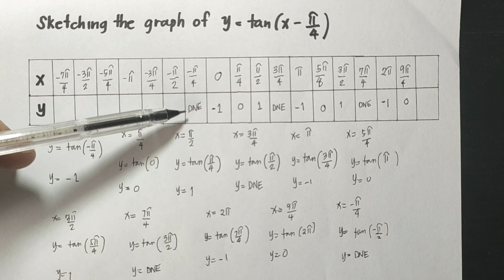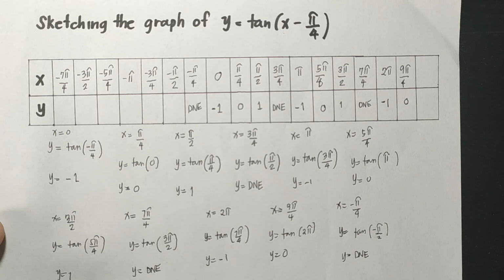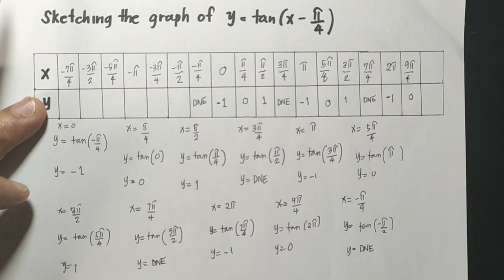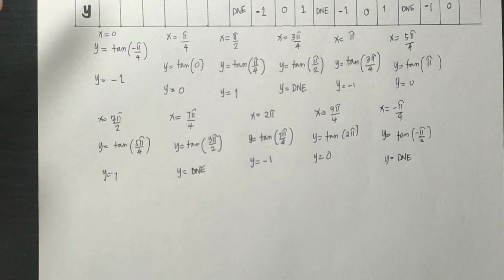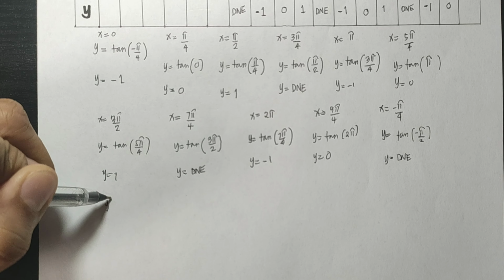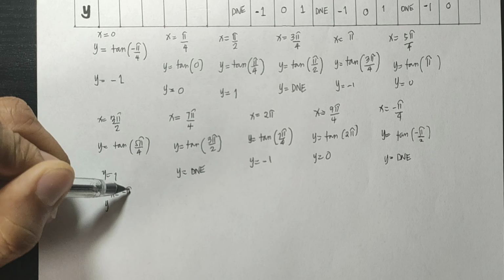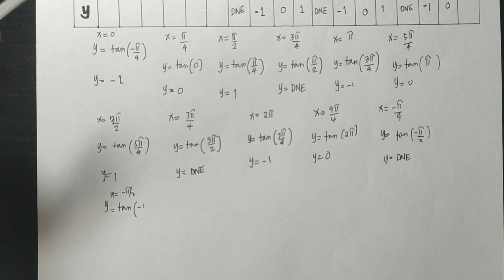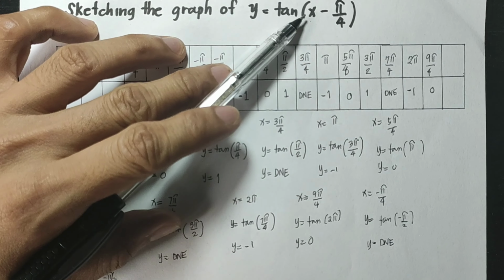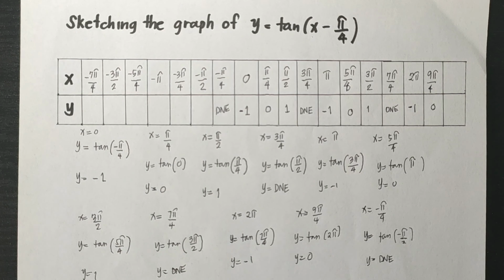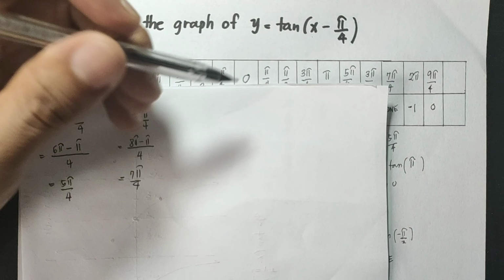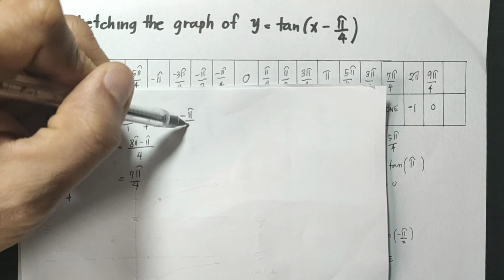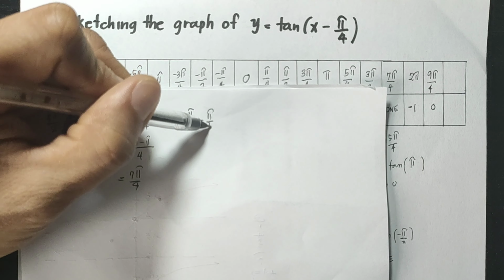Next, let us now solve when your x is negative pi over 2. So again, when your x is negative pi over 2, that is y equals tangent of negative pi over 2 minus pi over 4. So let's compute negative pi over 2 minus pi over 4.